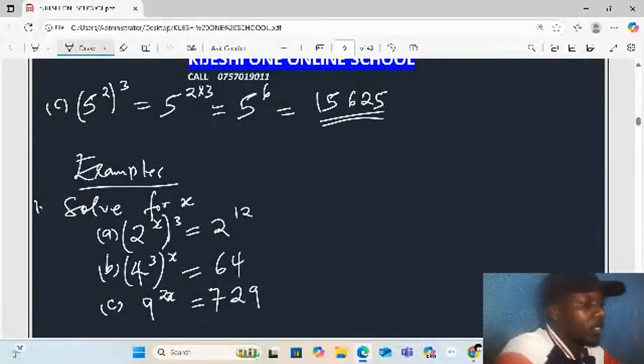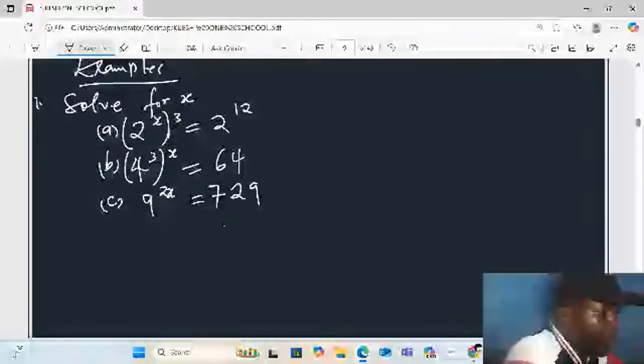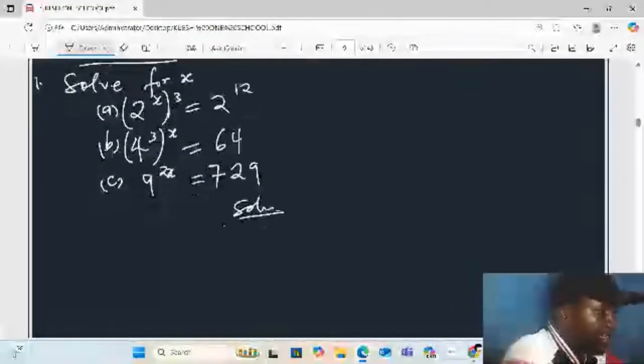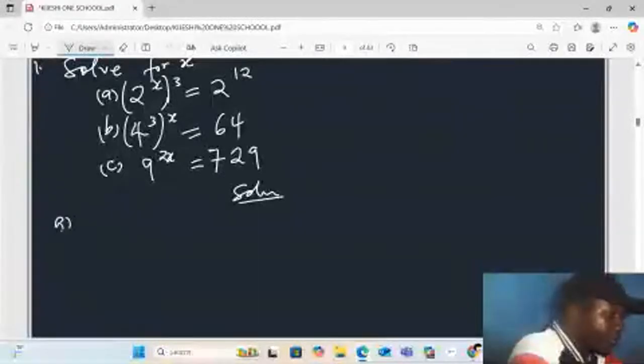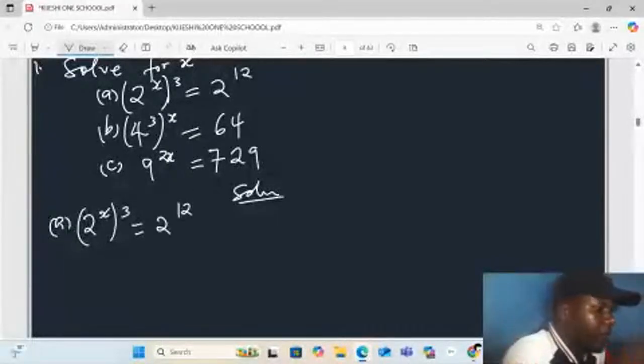So, straight to solutions on how to solve these ones. The solution is, now we get 2 power x, then brackets, multiply the power of raised to 3, is equal to 2 power 12.